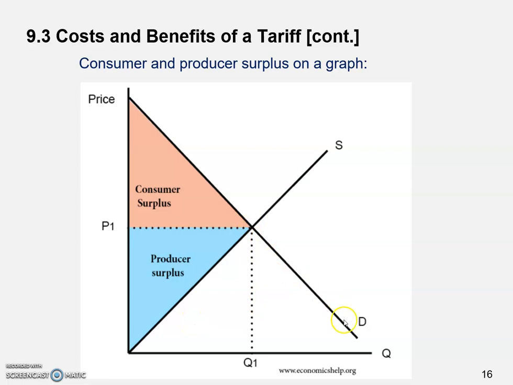Okay, so a downward sloping demand curve, an upward sloping supply curve. Here you don't have to worry about trade or imports, exports, or tariff. It's just a regular supply and demand. Okay. And you find that the equilibrium price is P1 and the equilibrium quantity is Q1.